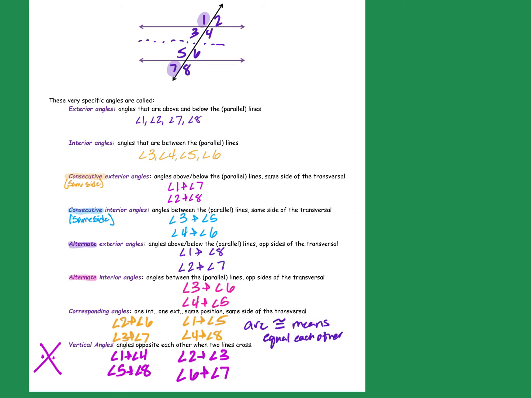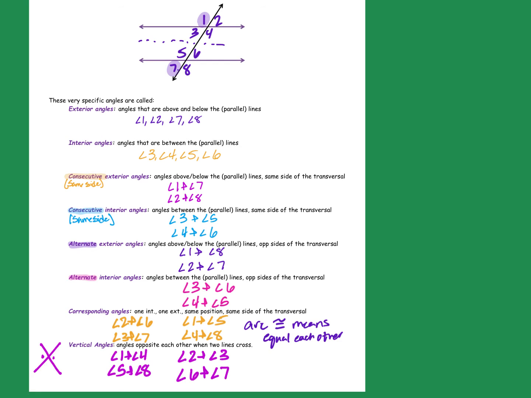So let's talk about angle 1 and 7 now. We know that 1 and 5 are equal. So what do we know about 5 and 7? What type of angles are angle 5 and 7, that we've learned before? We know they're either adjacent, supplementary, complementary. What would 5 and 7 be? Supplementary, because they form a line, right?